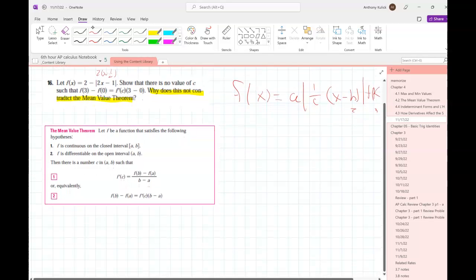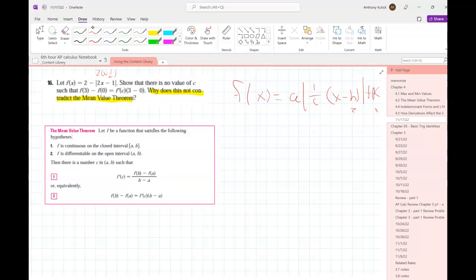Anyways, to show that there is no value c, when we're asked to prove that no such thing exists, what would we do?